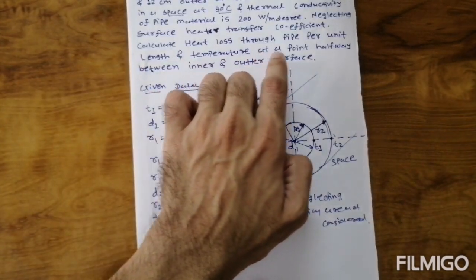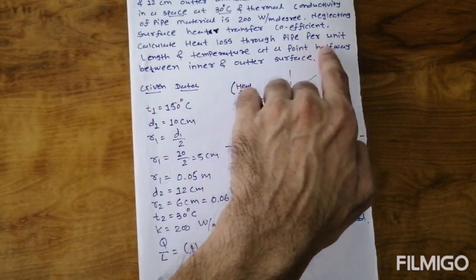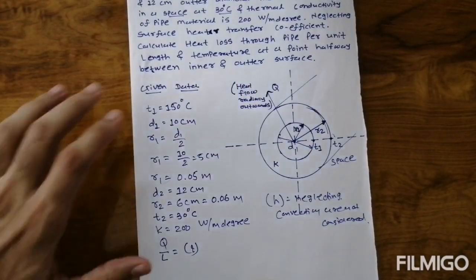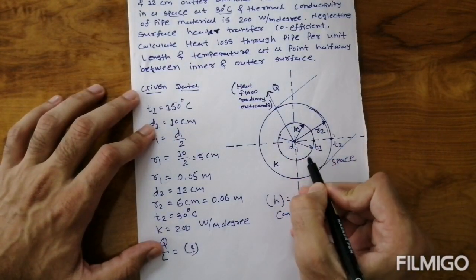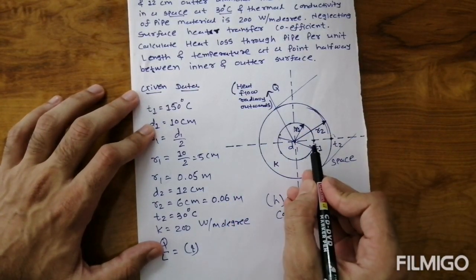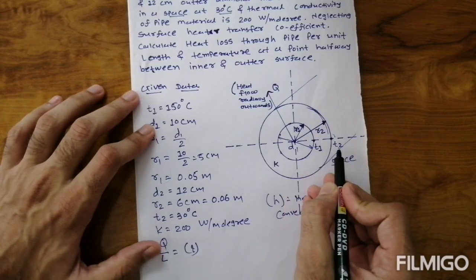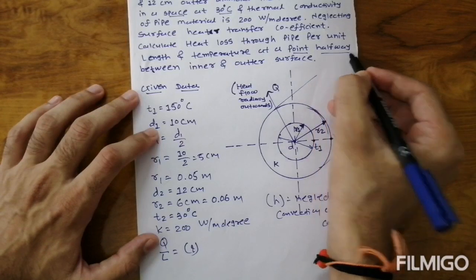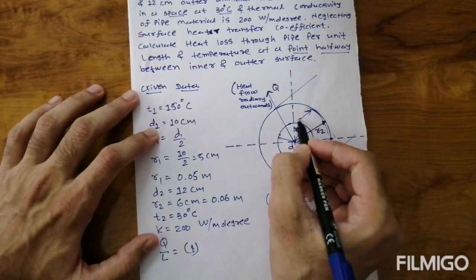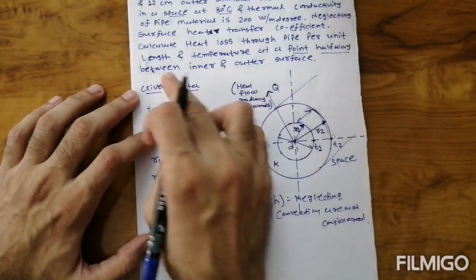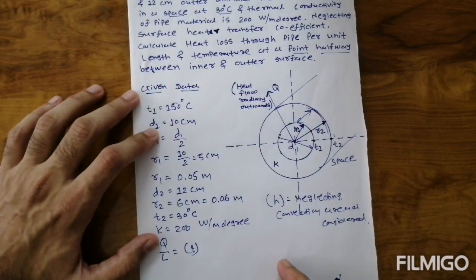And the temperature at the point halfway between the inner and outer surface. Already I told you, this is the inner surface and that is the outer surface. Inside surface temperature we consider T1, outside surface temperature T2. But now what will be here? The point halfway, it means between the two surfaces, the halfway temperature of the cylinder will be found out. So how will it be considered?